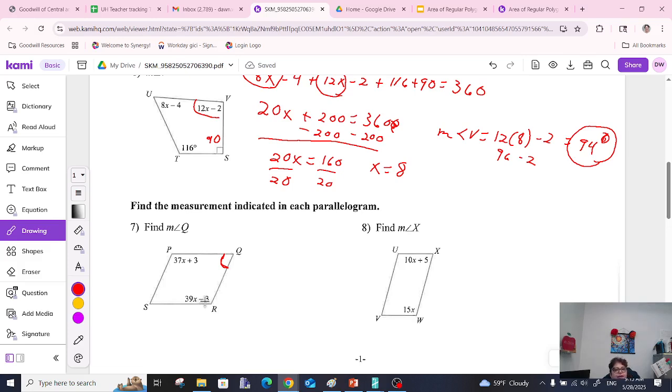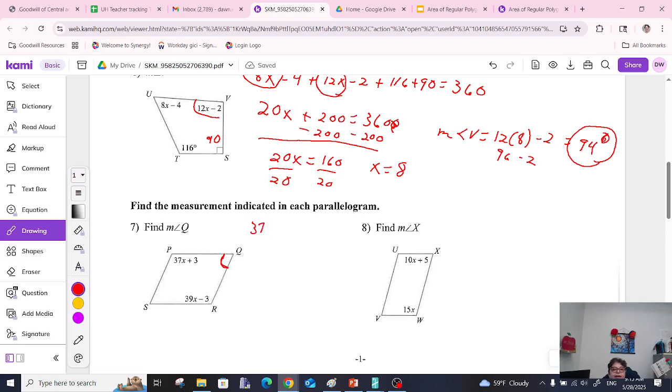So this would be like a 3-step problem. You would find x, substitute x either into P or R, and then take that answer and subtract it from 180. Do you see how this is multiple steps? It's a little bit different. I like this problem, makes you think.